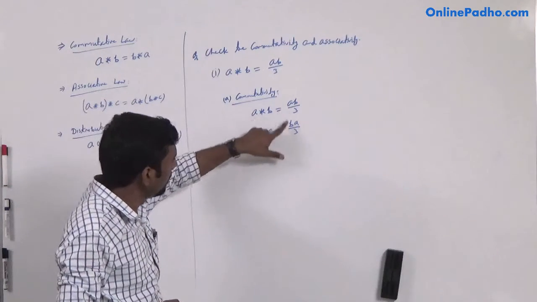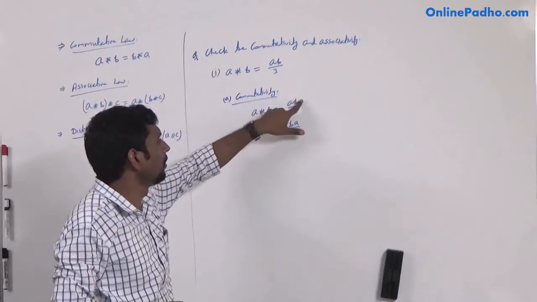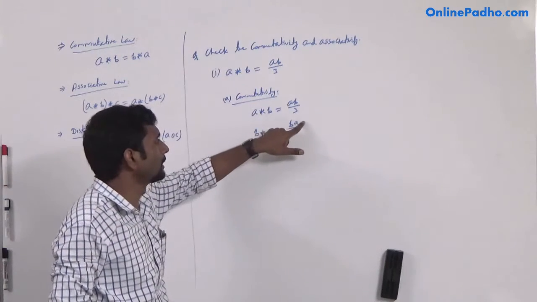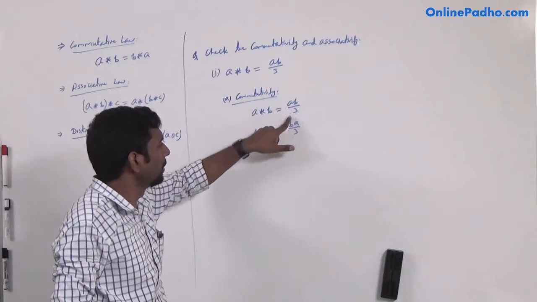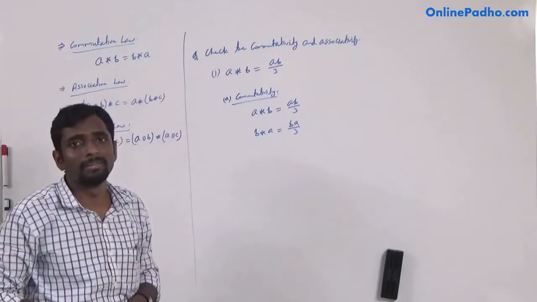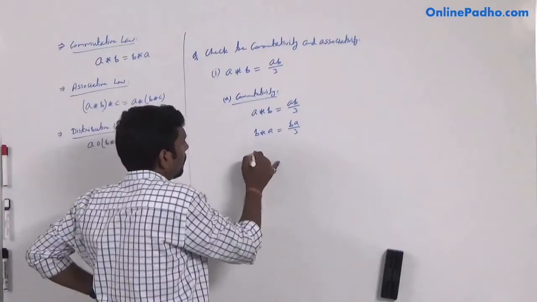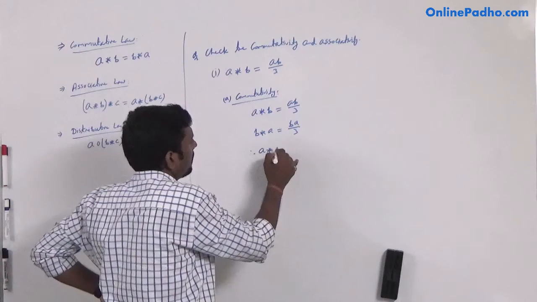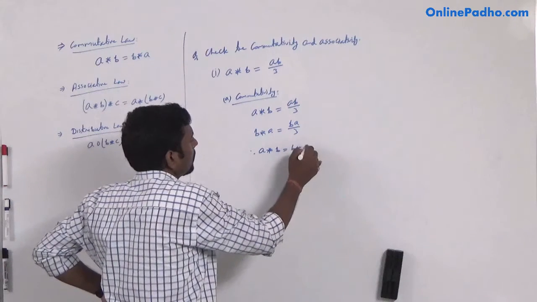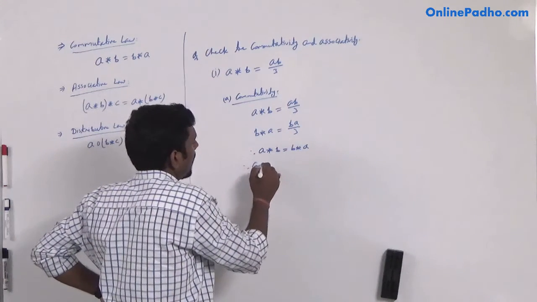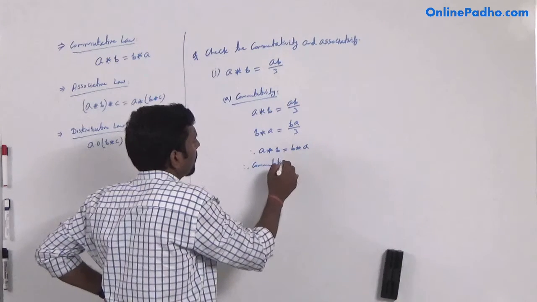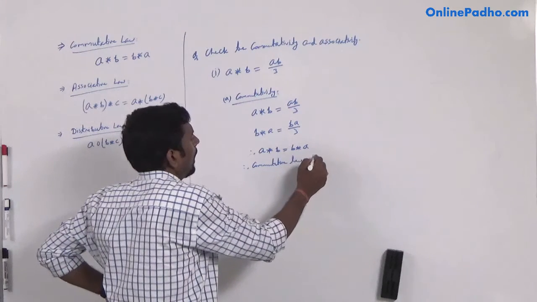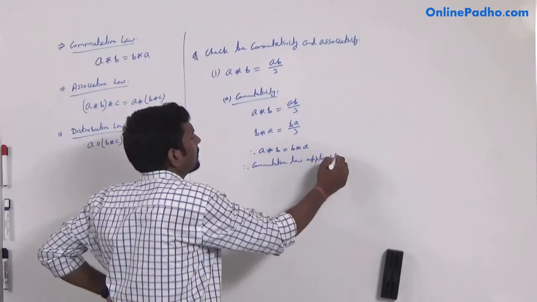AB by 3 is equal to BA by 3, because commutativity is applicable in multiplication, for any real number. So A star B is equal to B star A. Therefore, commutative law is applicable in this.